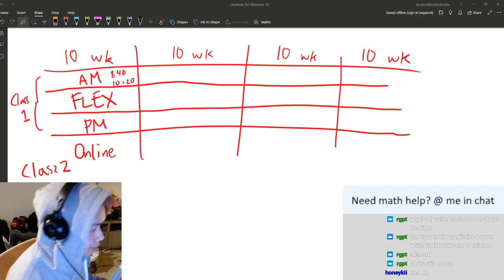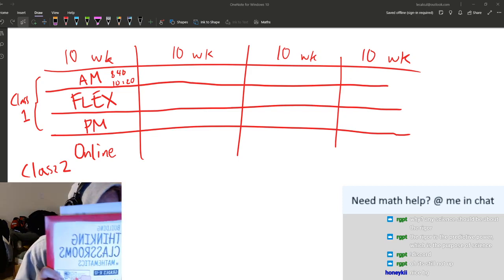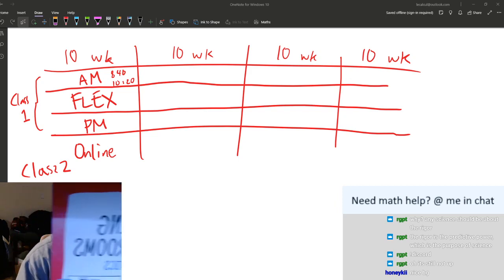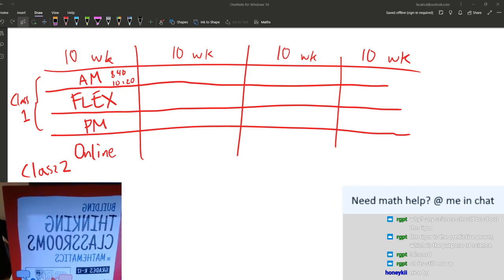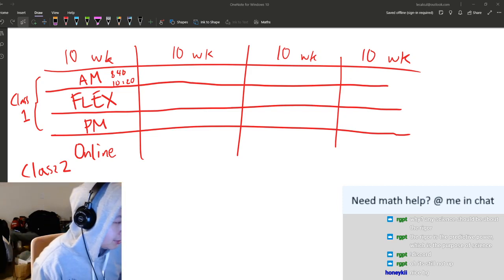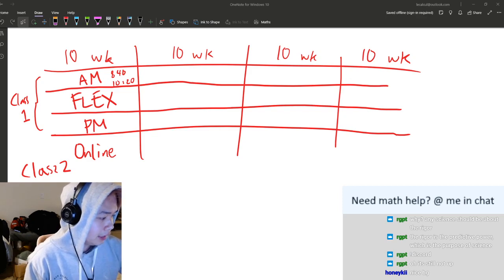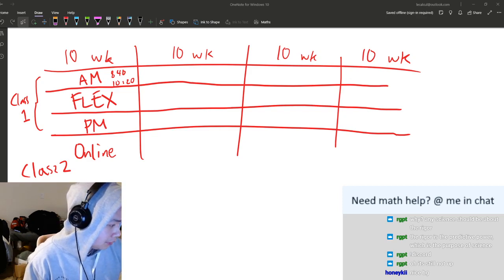Yeah, I don't know where Max is. It's called Building Thinking Classrooms. So I'm reading through it. It's actually pretty interesting, and it's very radical, I would say, compared to a traditional classroom.